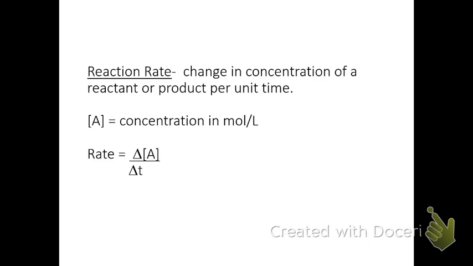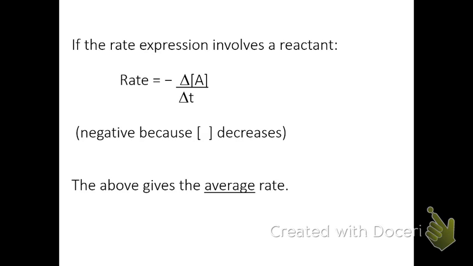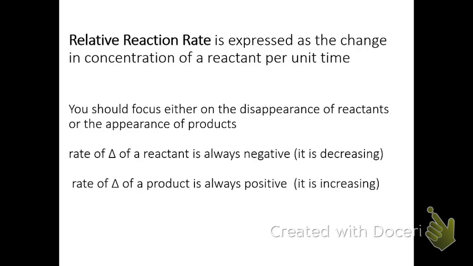If the rate involves a reactant, we're going to put a negative sign. The reason we're putting a negative sign is because as that reaction proceeds, the concentration of the reactant is going to decrease, so it's going to be getting smaller. If we're doing a product, then we leave it as a positive sign. Okay? So this would give us our average rate.